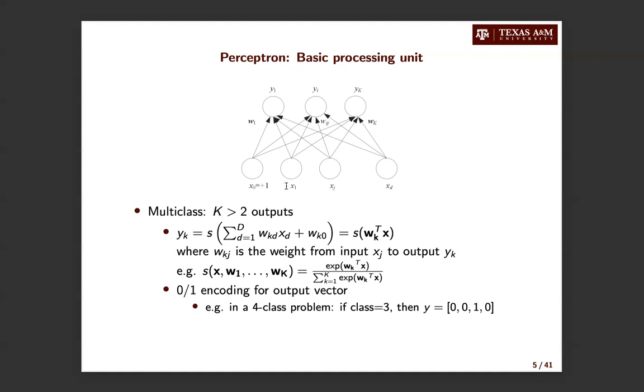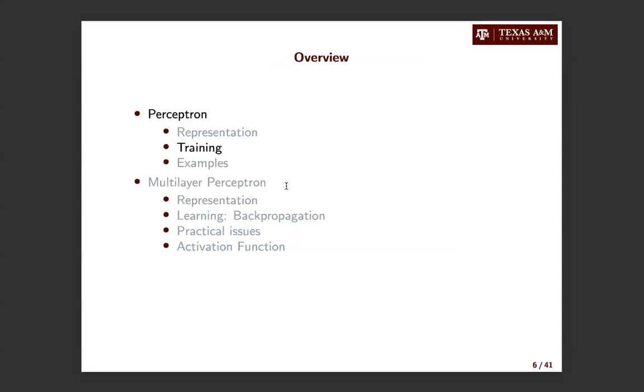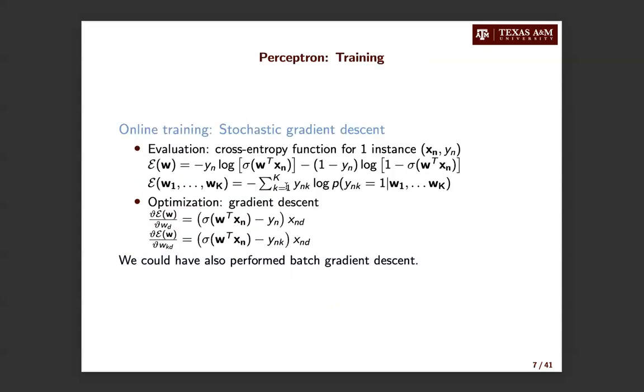So again, in the case of multiple classes, the output of each class is represented by the inner product between an input and a set of weights that correspond to that specific class, which is passed via this softmax function. And we can use a 0-1 encoding, or a one-hot encoding, for the output vector in order to represent the output labels.